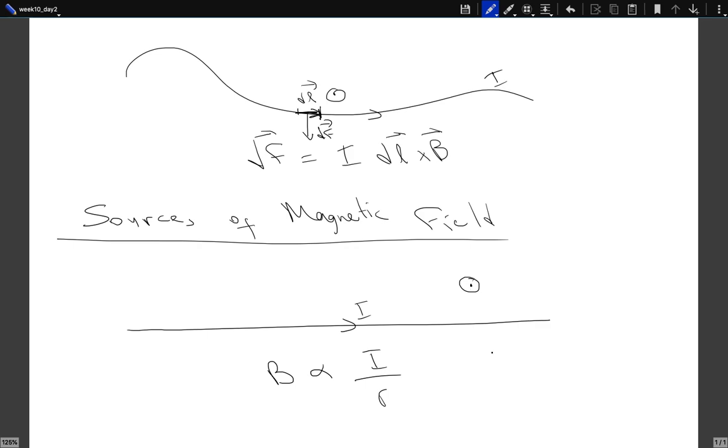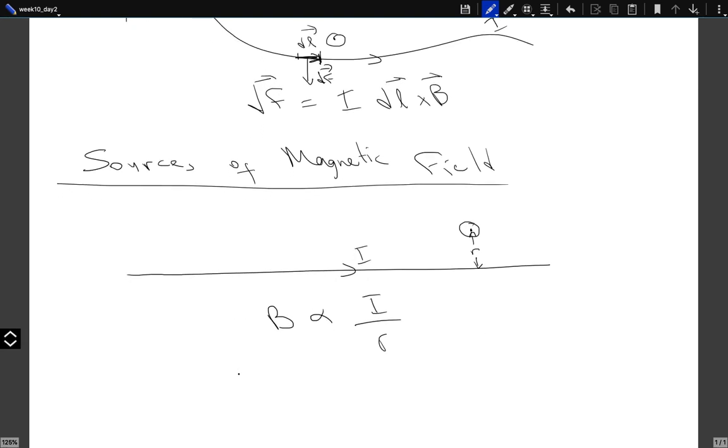This r over here is this distance. The proportionality constant is chosen to be mu 0 over 2 pi, times I over r.